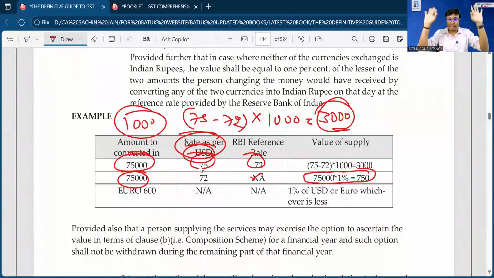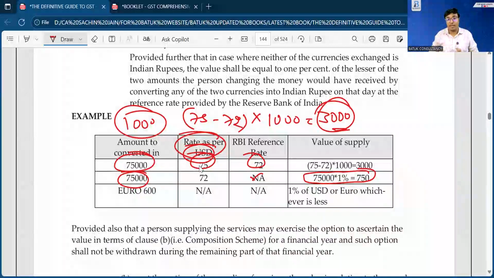I have no Indian currency. In that case, what do I need to do? I just need to do one thing: calculate 1% of the US dollar after converting into Indian currency, and 1% of the euro converted into Indian currency. Whichever is less, that will be treated as my value of supply.